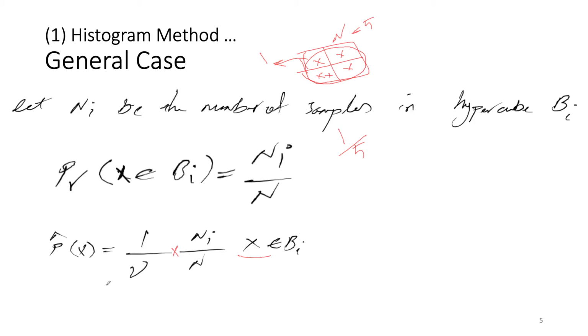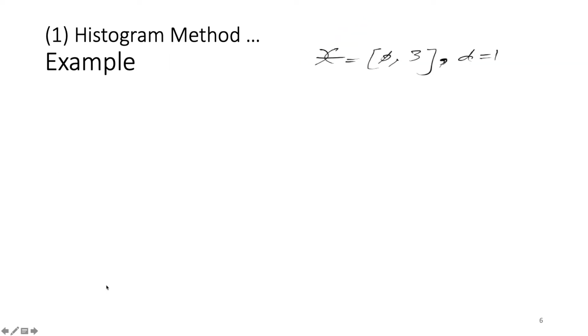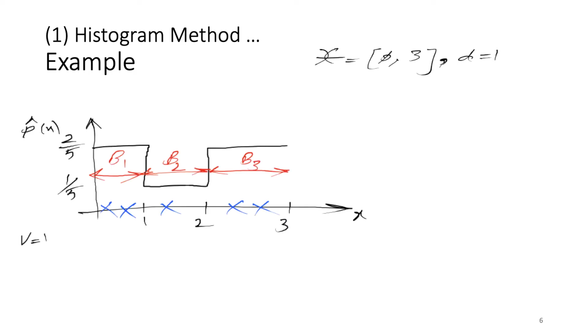Another example. Say our x's are within the window of 0 and 3, and d is 1, so one-dimensional space. Here are our x's, shown in blue. You have 2 here, 1 here, and 2 here.